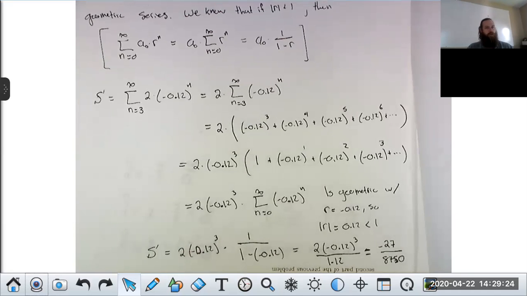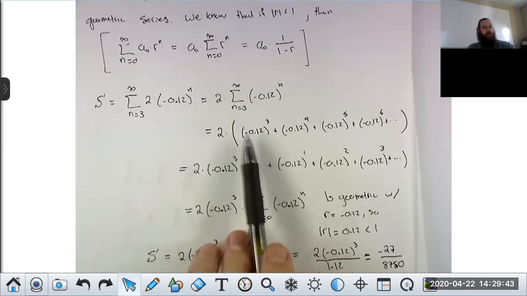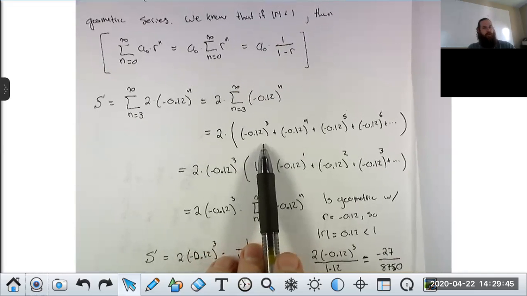There is a sort of cheat code I have for this, and I'll show you that in just a second. Notice that this piece right here, the negative 0.12 cubed that ended up out front in my formula, is the same as the starting term of the original series.